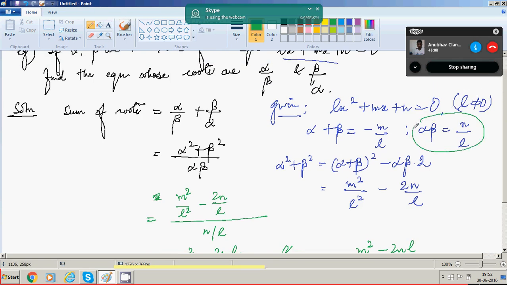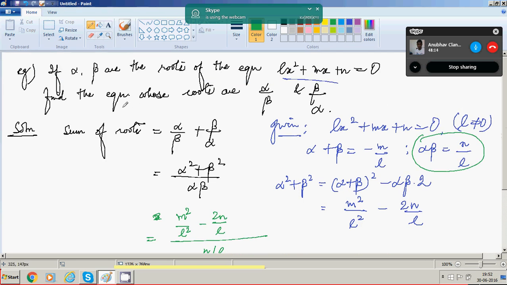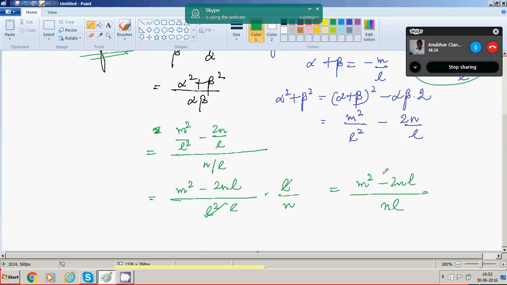Now see, hold on. We want a new equation whose roots are not alpha, beta, but alpha over beta and beta over alpha. We have found the sum of the roots of the new equation. It is this, m squared minus 2nl over nl.